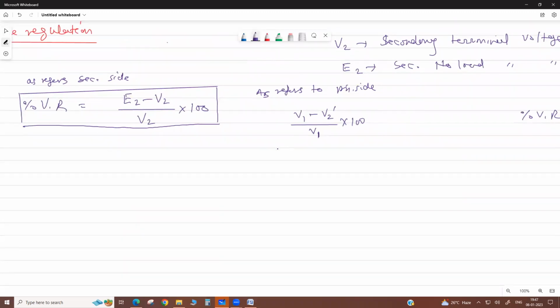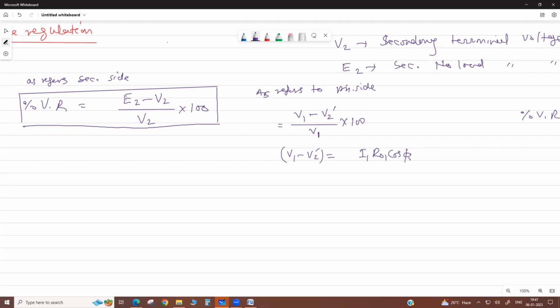So what is the main formula that will come? This V1 minus V2 stays, as referred to the primary side, voltage regulation. The same value will come, where we take I1. I1 R01 cos phi, the power factor of the transformer as given.